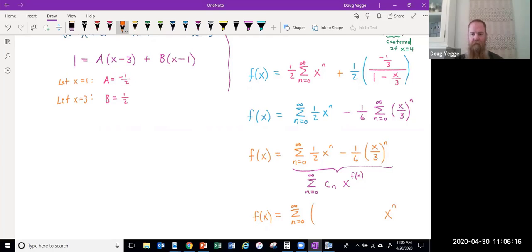And that's going to give me, from the first term, just 1/2. From the second term, I'll get minus 1/6 times 1/3 to the power of n, or 1 over 3 to the n.